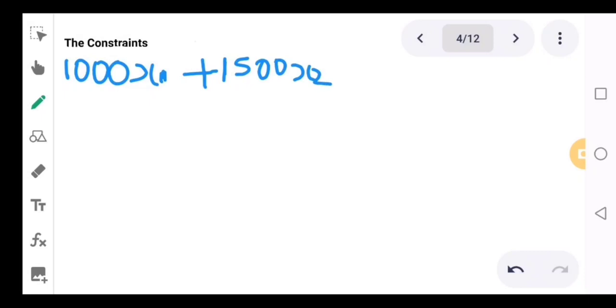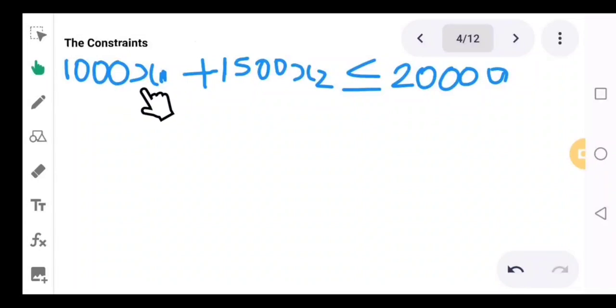This should be less than or equal to 20,000. This is our first constraint.